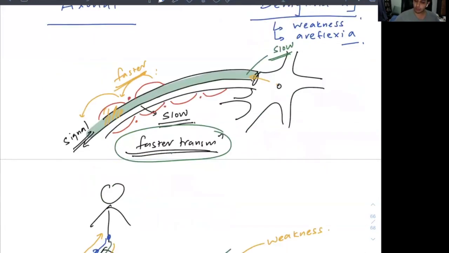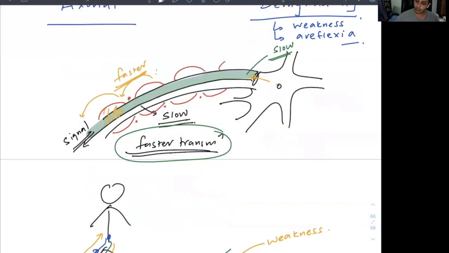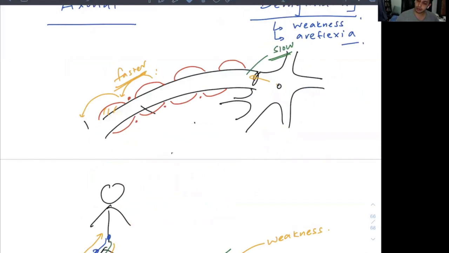Now supposing your myelin sheath is actually okay, but your axon is damaged, then what will happen? So now your transmission itself is gone.